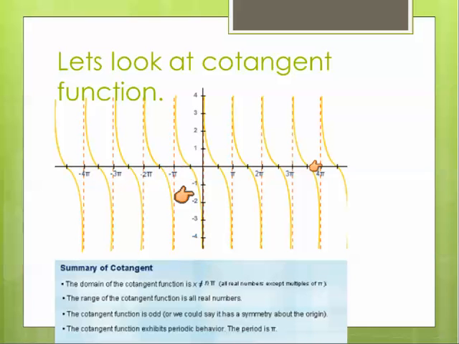Cotangent function is called an odd function because you can't just draw across the y-axis and get a mirror image of it. You have to go through the x-axis to get the mirror image of it. You got to go through the origin to get there. So it's an odd function. The cotangent is periodic, and it is the same as the tangent. It reoccurs every pi. So n times pi would be the period on that one.